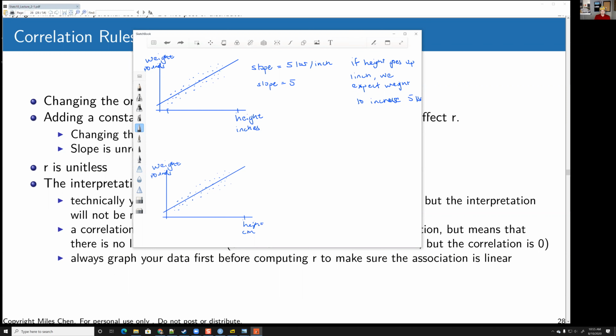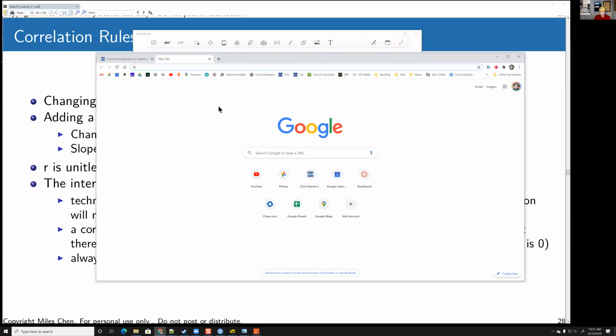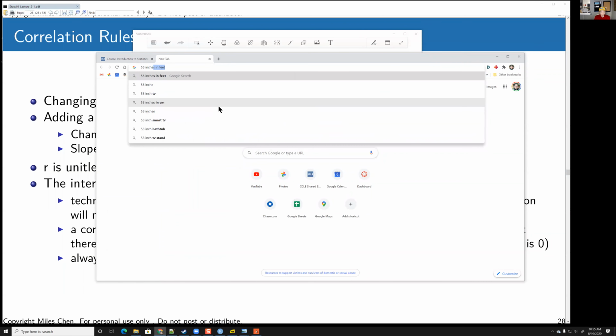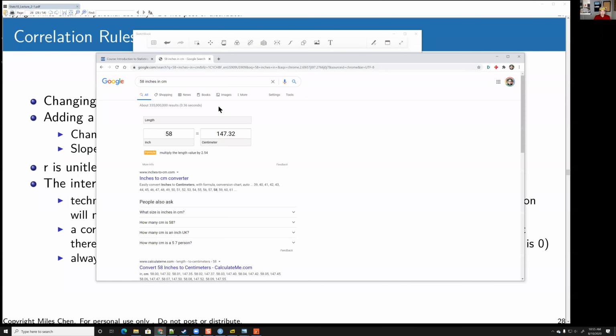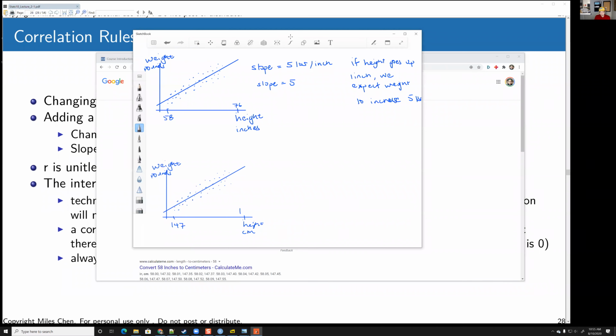If I convert that to centimeters, we go from around 147 to 193 centimeters.